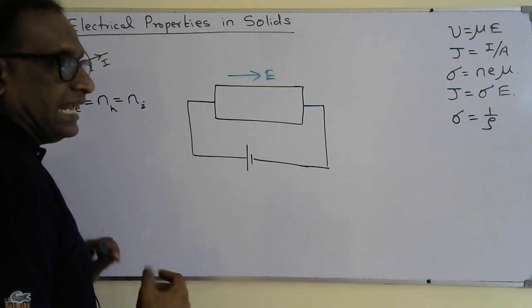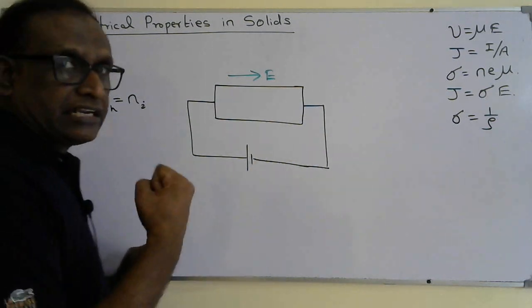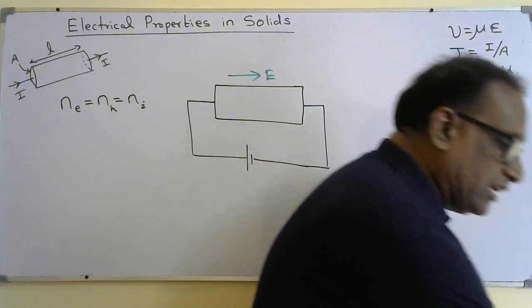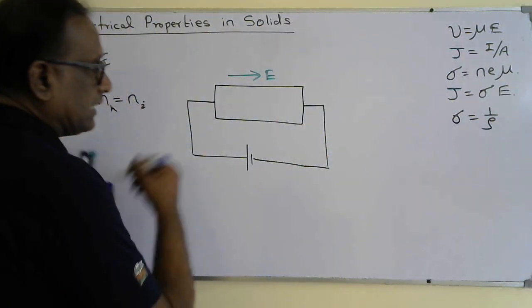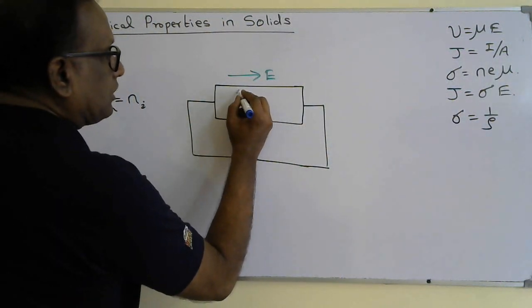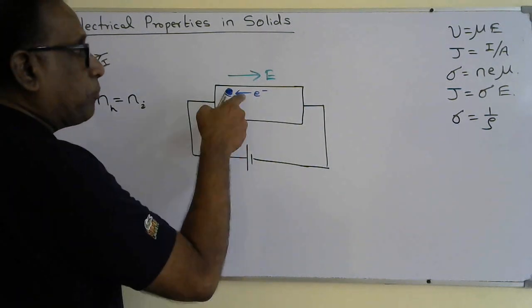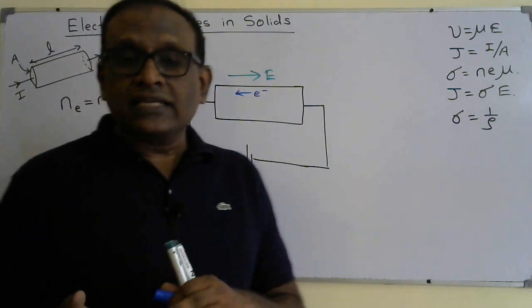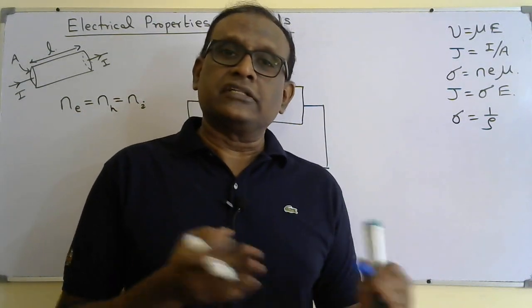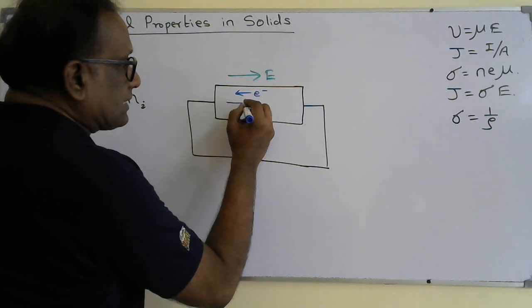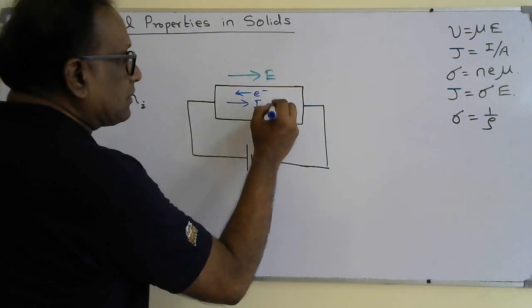Electrons will drift opposite to the direction of the electric field, so the electrons will move towards the left. By the conventional sign, the direction of current flow is opposite to the direction of flow of negative charges. So the current due to electrons will be in this direction.